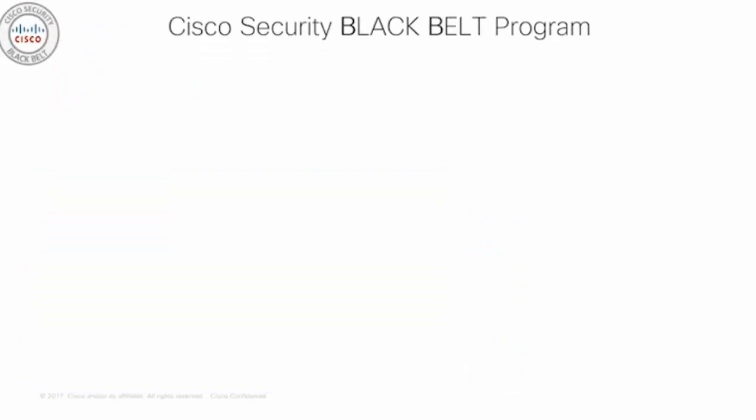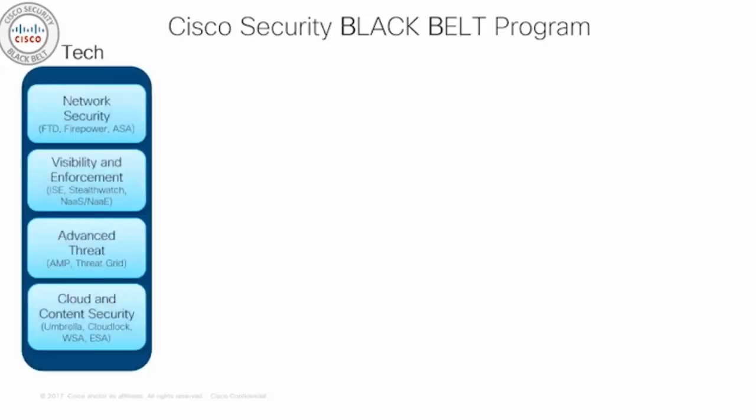So let's go through the structure of the Black Belt program, what it is and what all it covers. Currently our security is divided into 4 different technologies: network security, visibility and enforcement, advanced threat, and cloud and content security.